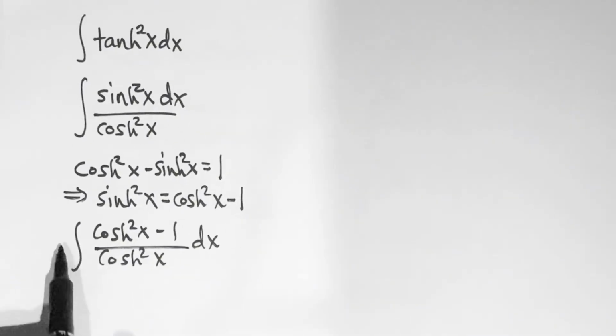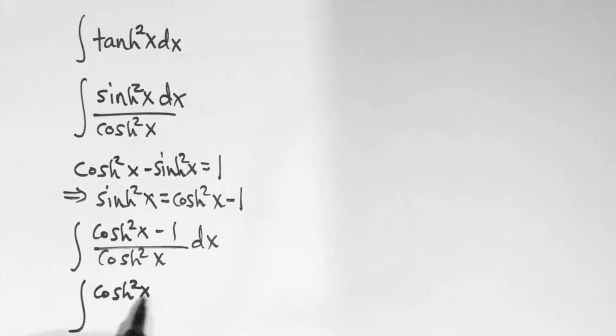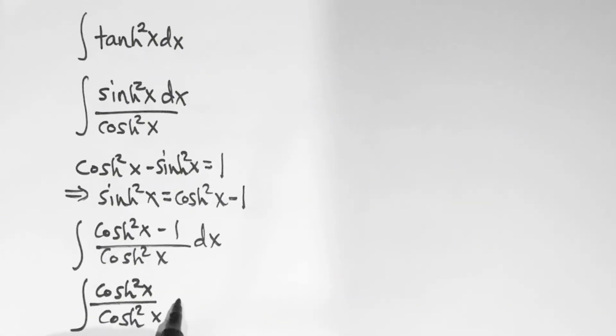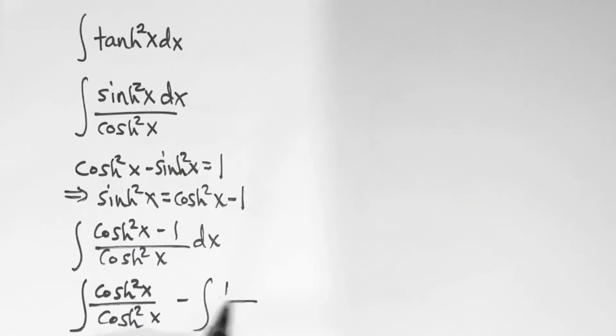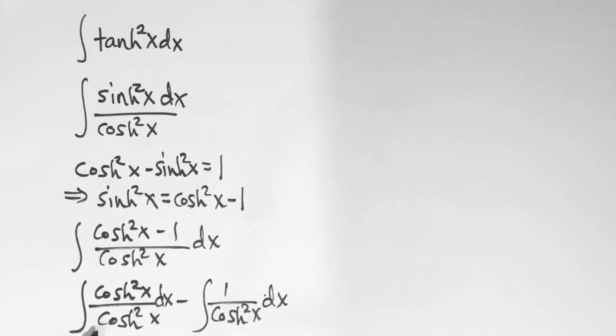So let's break the integral into 2. In breaking the integral into 2, it becomes the integral of cosh squared x divided by cosh squared x, then minus the integral of 1 divided by cosh squared x. Sorry, there's a dx here.